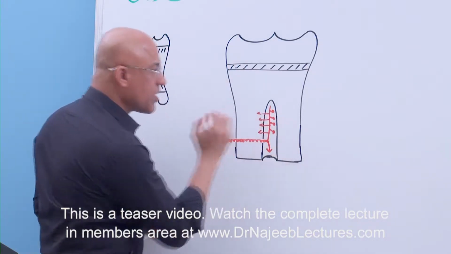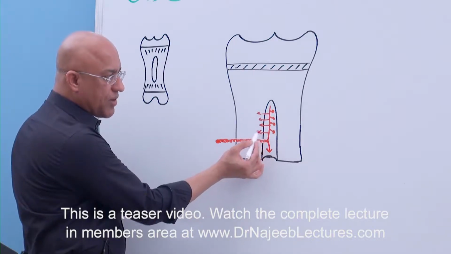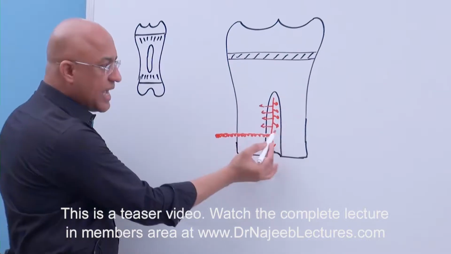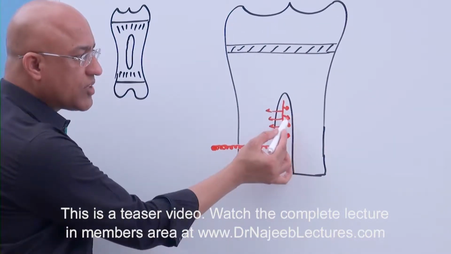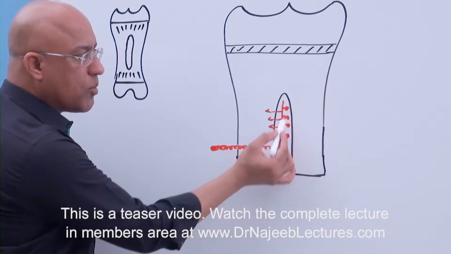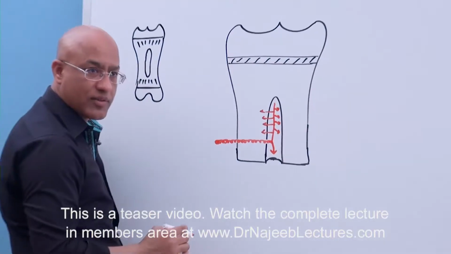Bone marrow. So it means the blood vessels, these are peripheral vessels, right, which are going to the cortical bone, and these are the central vessels going to the medullary cavity. These vessels are supplying bone marrow, and these are entering the cortex, right?